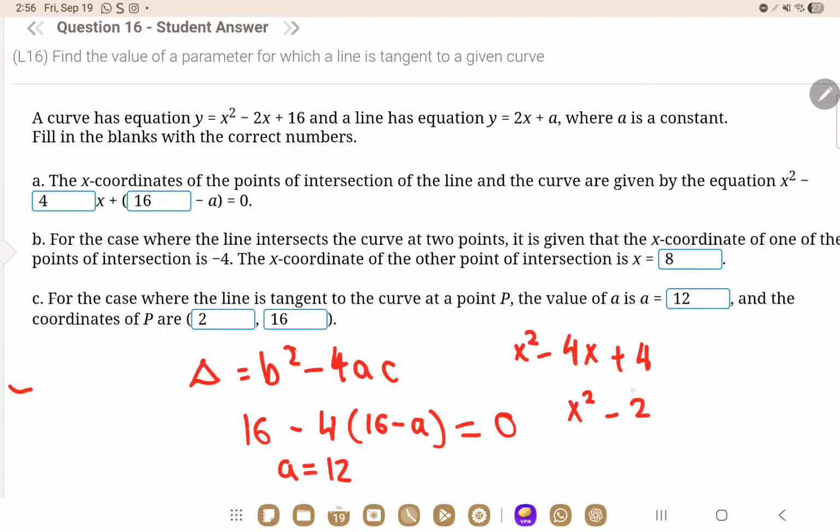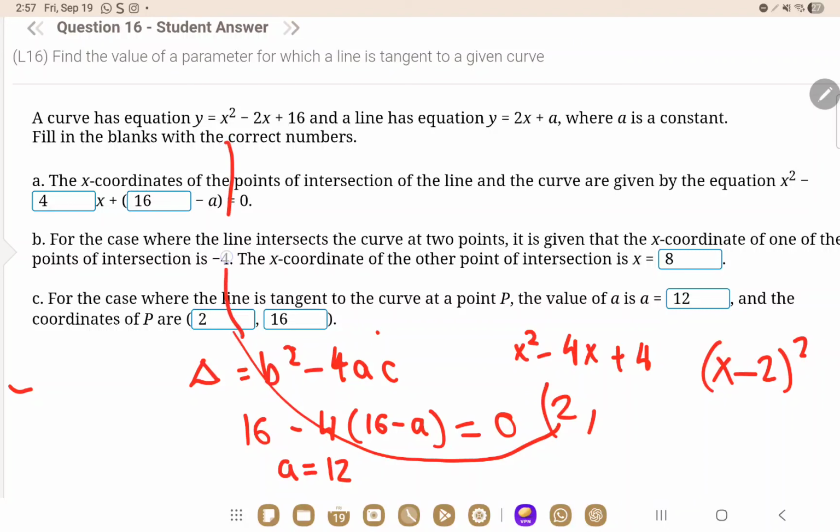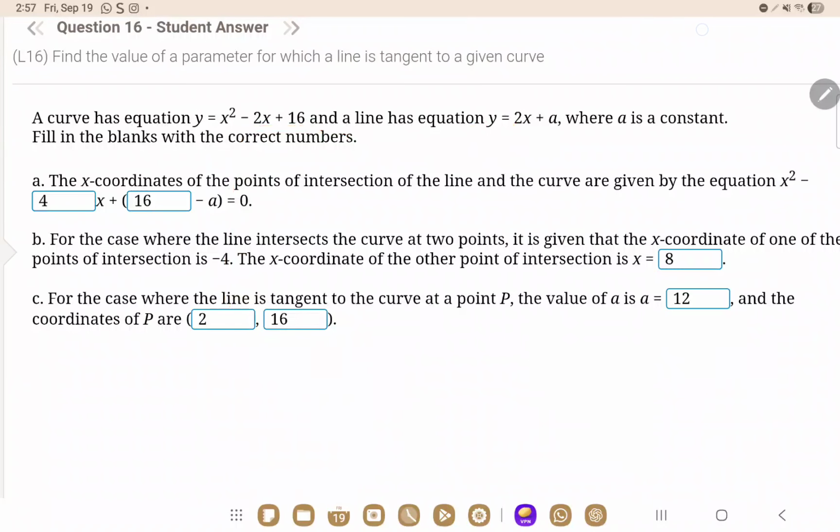Anyways, you can just solve it by quadratic formula in your calculator. Oh yeah, this looks like x minus 2, all squared. That's your equation. So x equals 2. And then again, you substitute 2 into the original equation or this equation. Both equations work. And now that you know a, you're going to get 16 as your second coordinate. Same answer. Moving on.